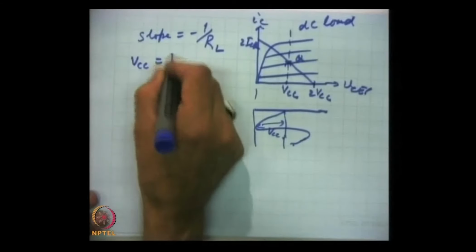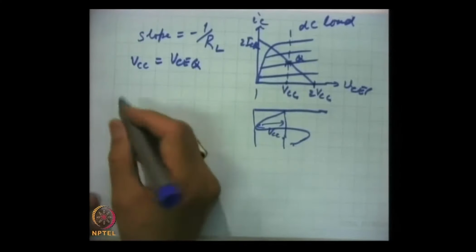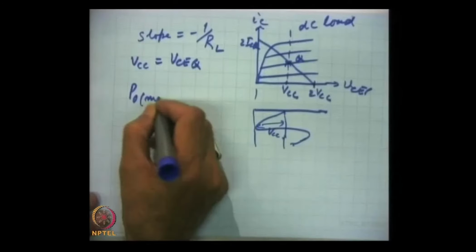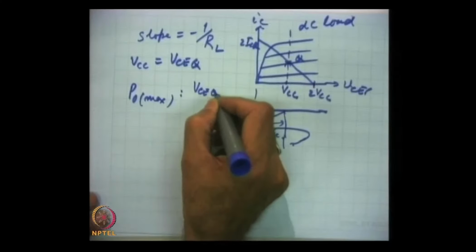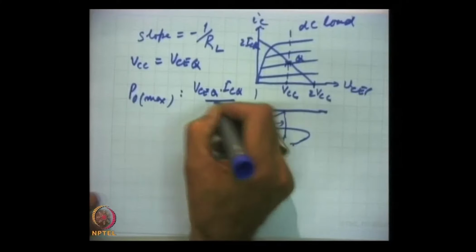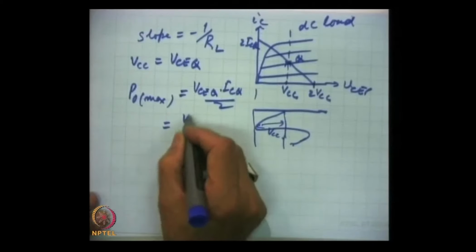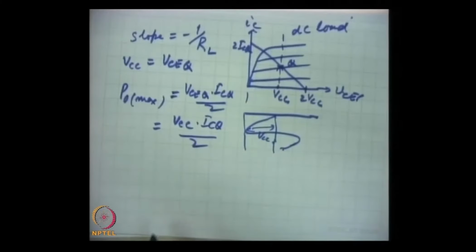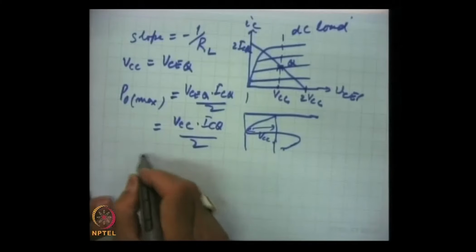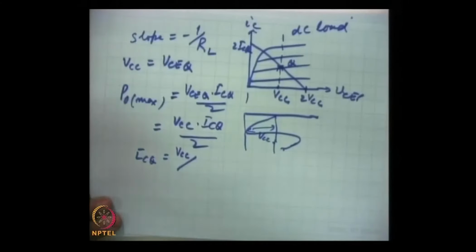VCC is VCEQ, and the AC power, as we have done above, this was VCEQ ICQ by 2, and because these are equal, so this can be written as VCC into ICQ by 2, and ICQ is equal to VCC by the effective load, which I wrote RL prime.